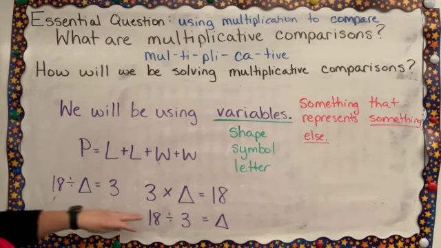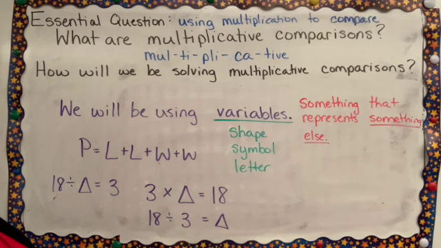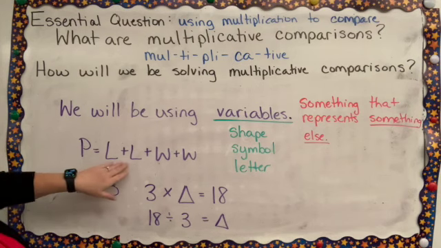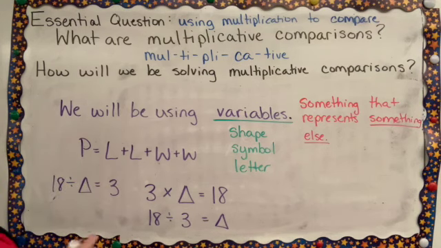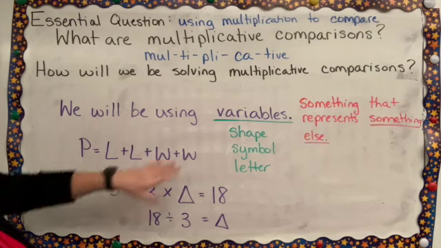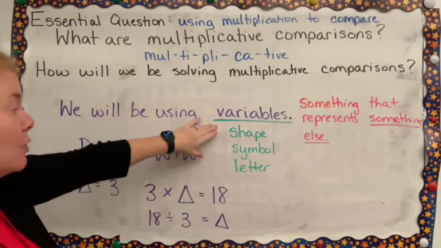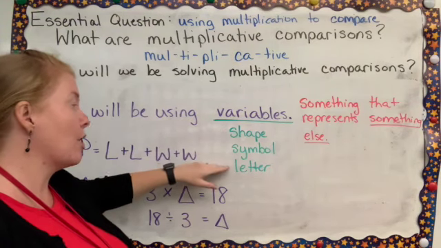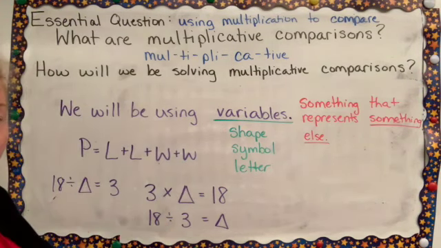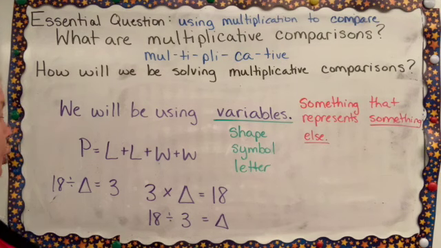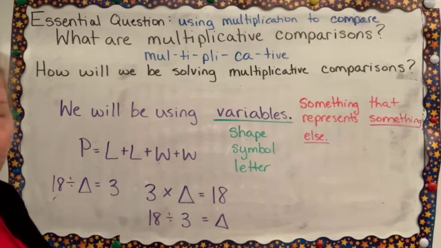We're going to be using things like triangles, or stars, or letters like we did with our equations before. But I just want you to know that we are going to start calling things variables, and it's going to be either a shape, a symbol, or a letter that is supposed to represent a number. So we're going to be looking for what those numbers are when we have those variables.